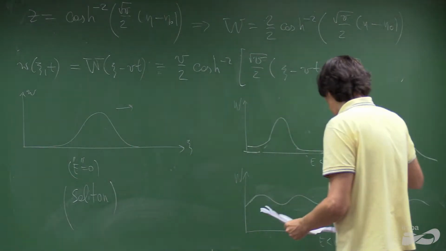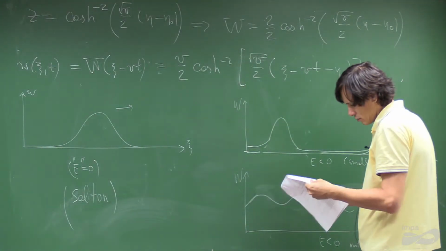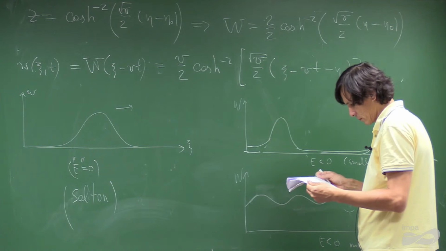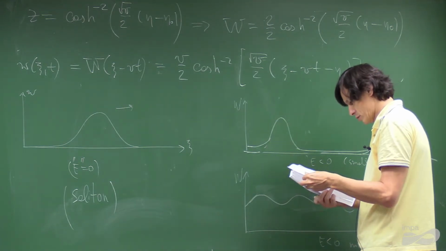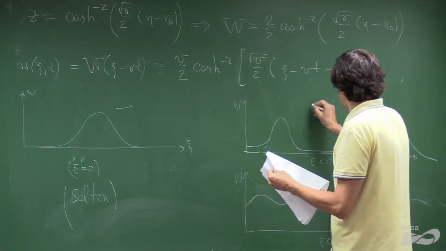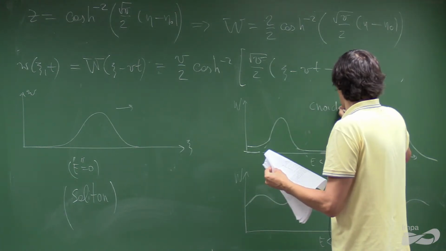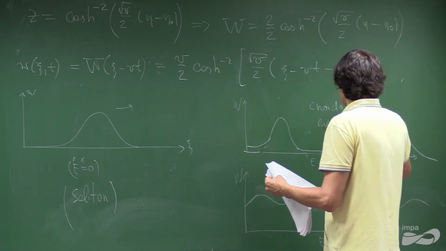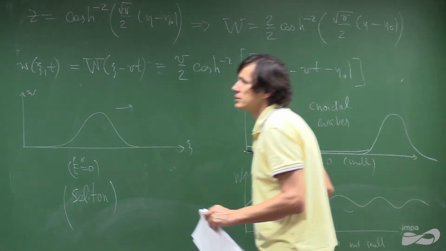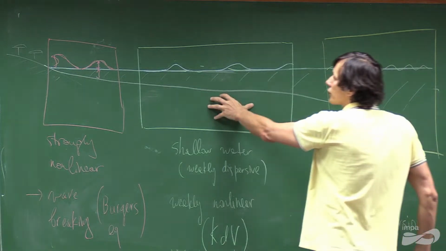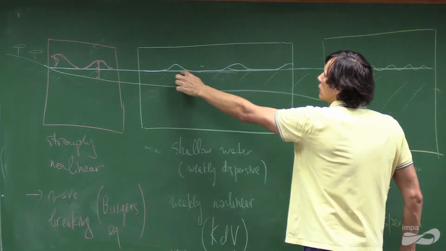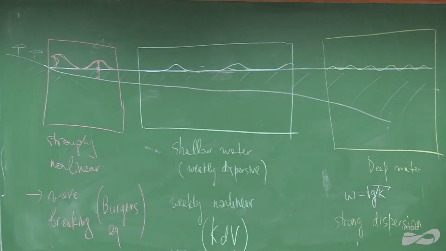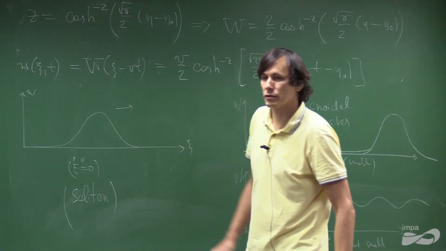And these kinds of solutions are called cnoidal waves. How is it spelled? So this is the region of KdV.